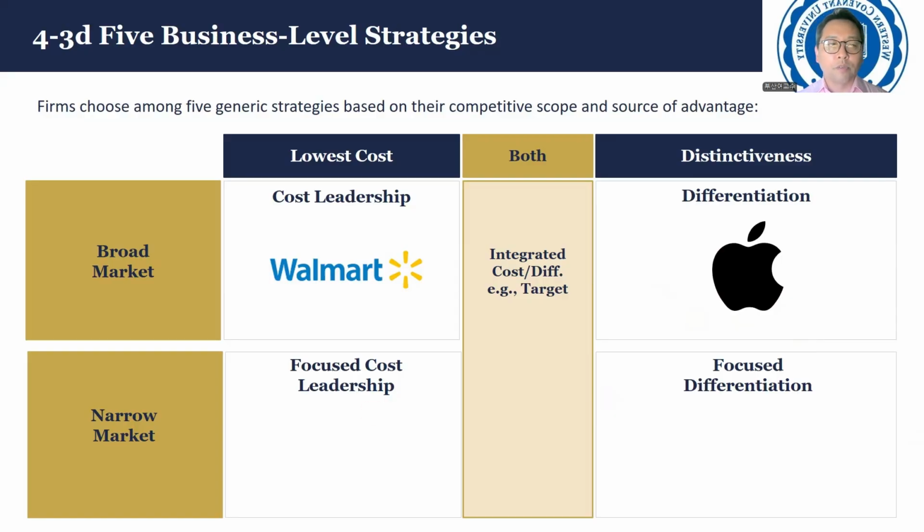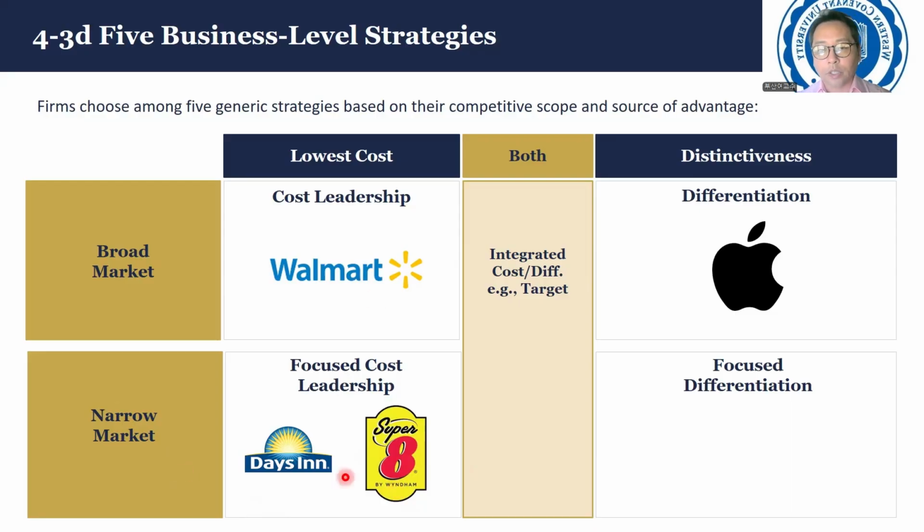Now let's go to focused cost leadership. Days Inn and Super 8 Motel are examples of focused cost leadership, because they serve a narrow market segment with low-cost lodging. In this category, the companies do not try to serve every hotel customer. Instead, they focus on price-sensitive travelers.